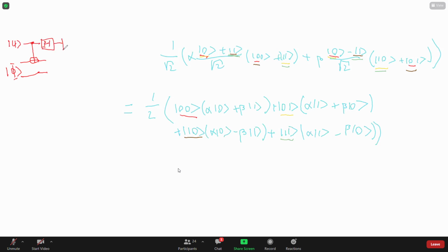And now we did these measurements. Let's say we measured 0, 0, 0 here and 0 here.